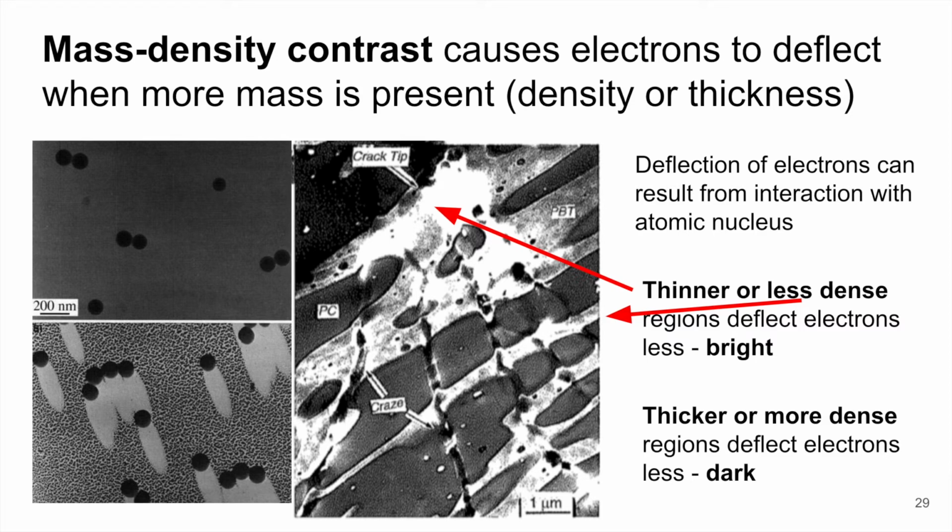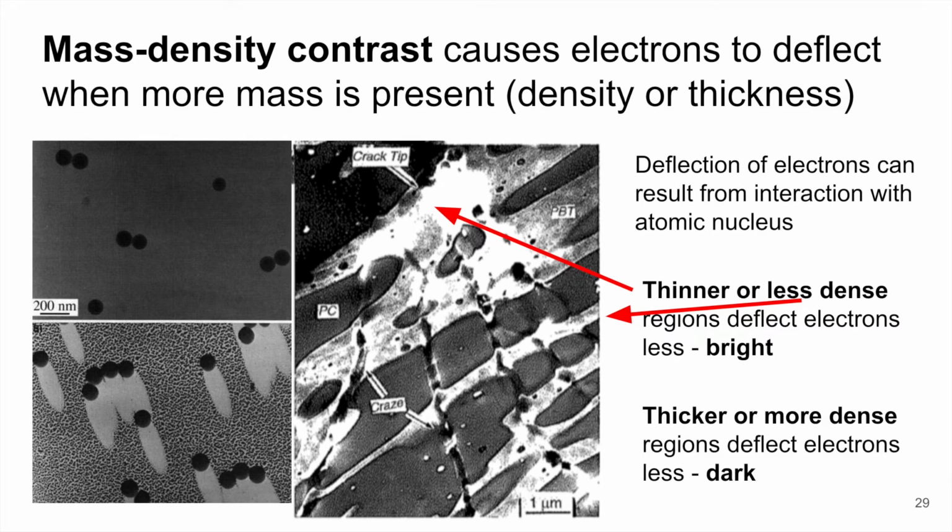We have a couple options here. Obviously this could be due to a thickness difference. A thinner sample would have less mass. It could also be due to density. If there are different densities in the material, the more dense has more mass, and so that would cause differences in scattering. But it's all connected to the same type of contrast mode.